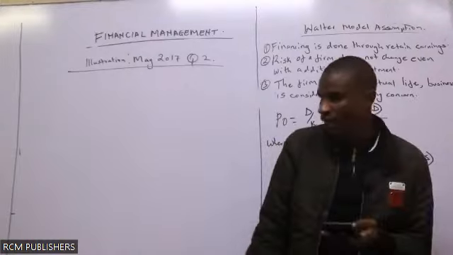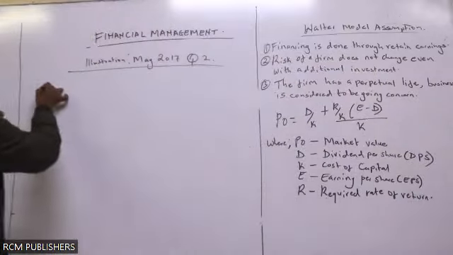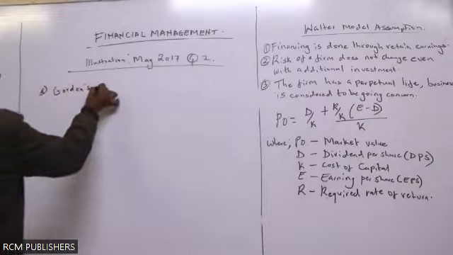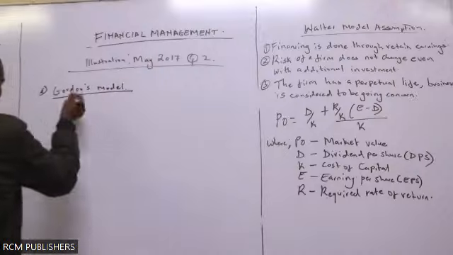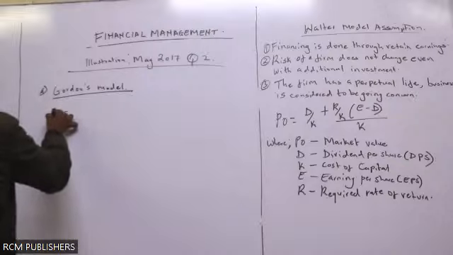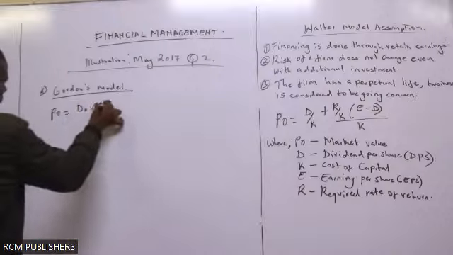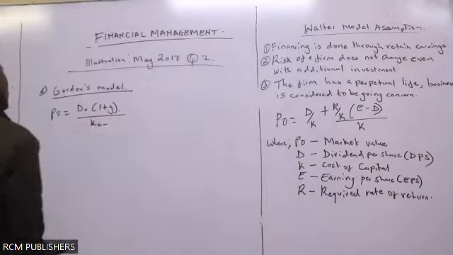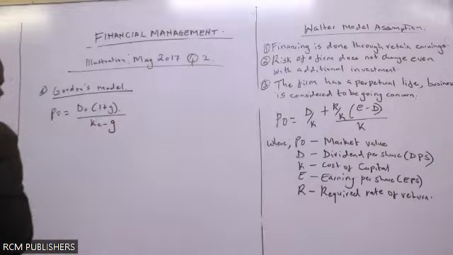I'm going to start with Gordon's model. Where's the formula of Gordon? P0 or MPS is equal to D0 (1 plus g) over Ke minus g.